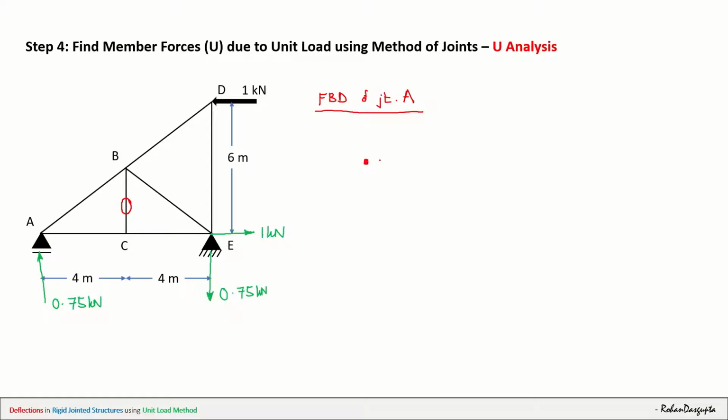Okay, then the known force 0.75 acting in the upward direction. Then let me take the horizontal member, that is AC, as outwards, so this will be FAC, and then we will have this FAB acting here like this.